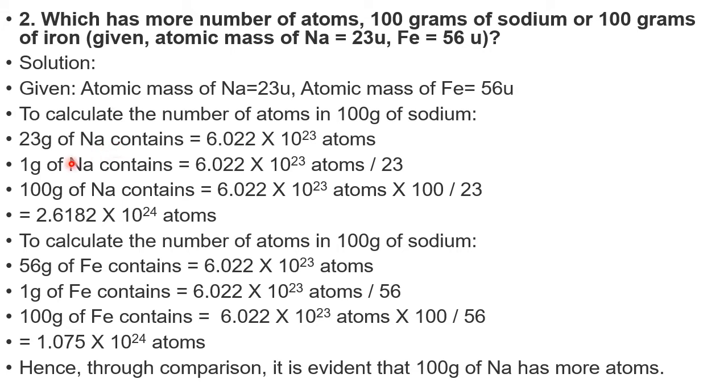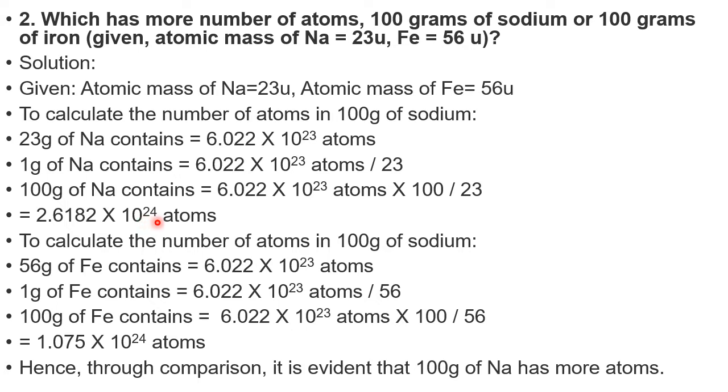Now 23 gram of any atoms means these many particles. Then 1 gram means this much by 23. So 100 gram of Na contains this many atoms multiplied by this by this. So this is the number of atoms present in the 100 gram of sodium sample.